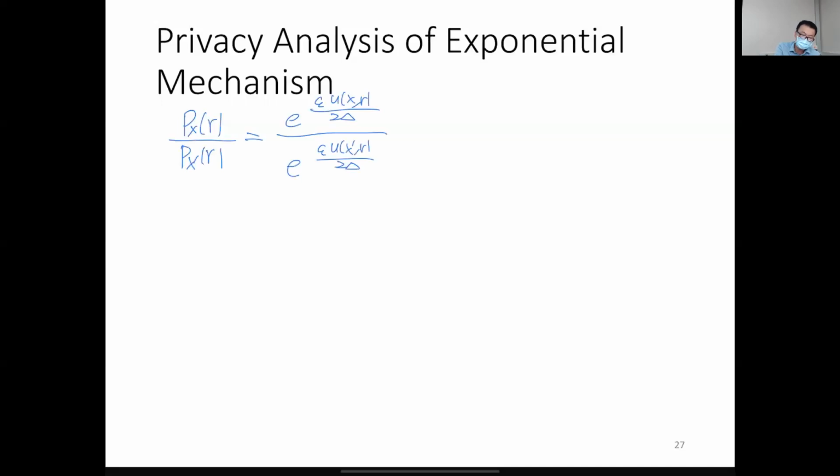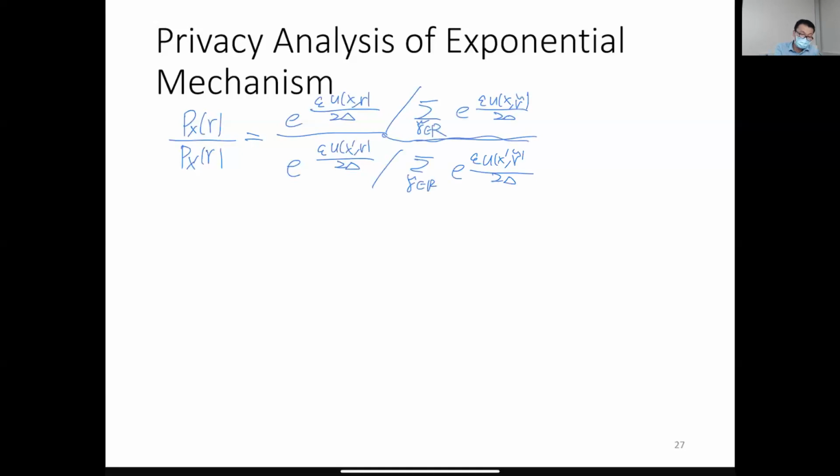But that's not the only thing there. There's also this normalization constant, right? So let's also make sure that they are valid probability distributions by dividing both the numerator and denominator by their normalization constant. Over 2 delta. And this is divided by the sum over r tilde of e to the power of epsilon u(x prime, r tilde) over 2 delta.